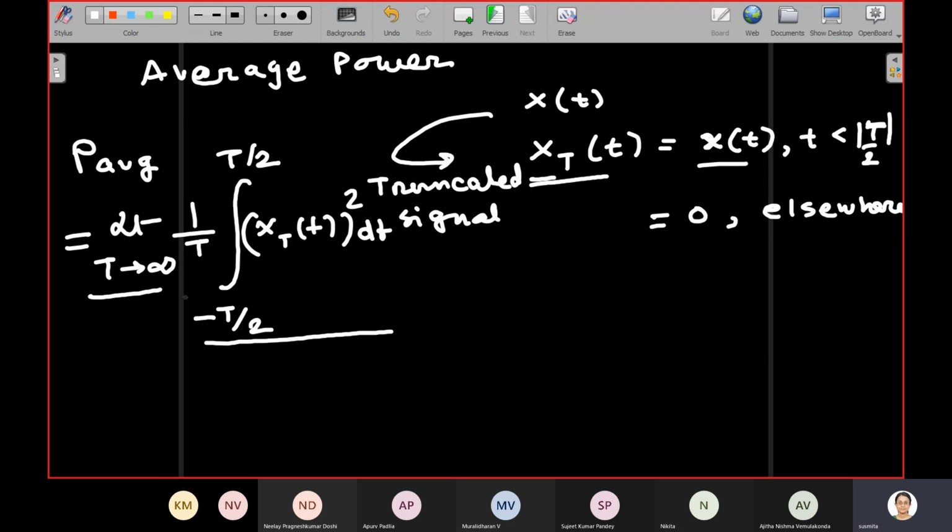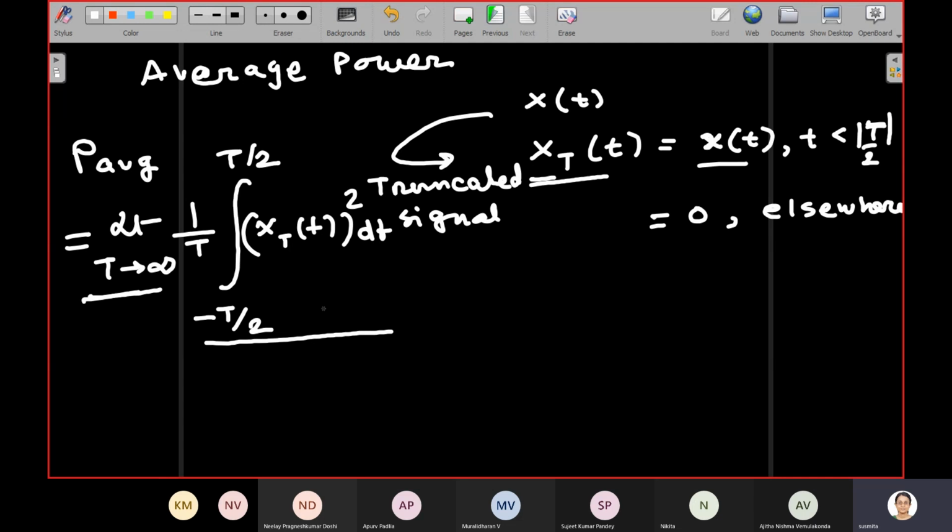Now in the case of a periodic signal where T is the period, you will find that when you do the integration and divide that by T, it has a finite value which, for a sinusoidal signal, is not dependent on T. So whether you let T go to infinity or not does not matter, because the whole thing after dividing the integration by T will not be a function of T. But that is not always the case.